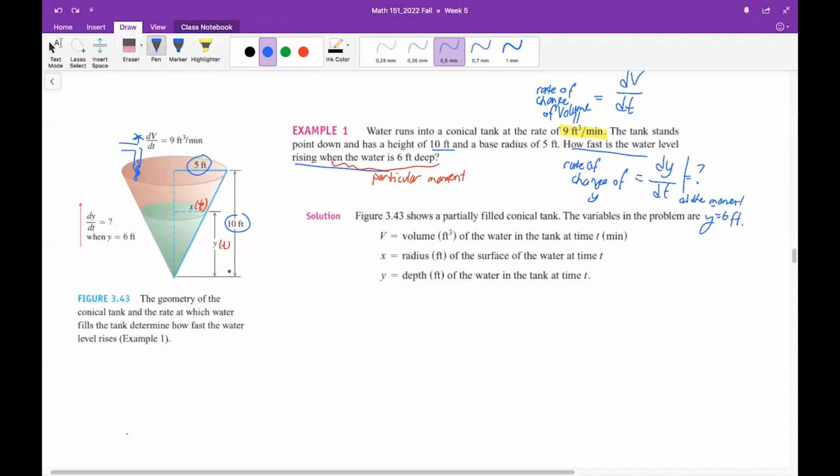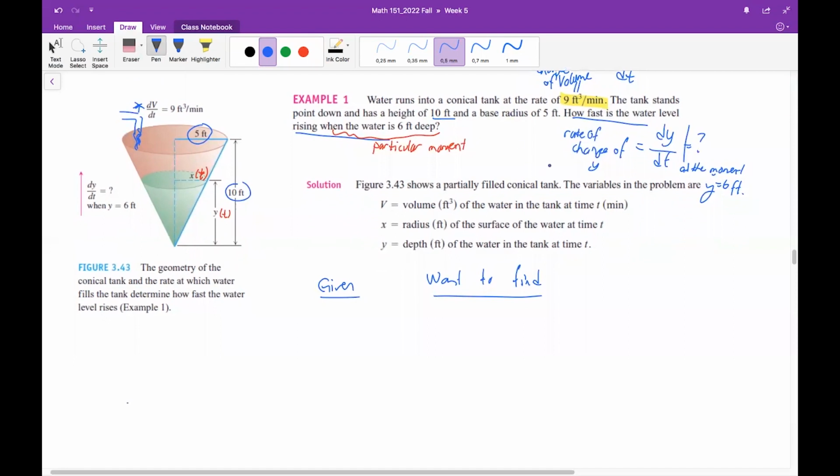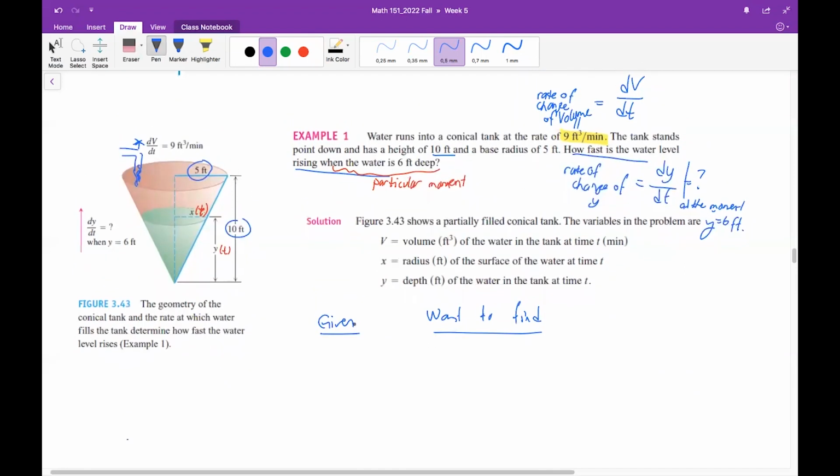Okay, so after analyzing the problem like that, you construct a diagram of what is given and what we want to find. So you can construct such a diagram. This will help you in summarizing the problem. So what is given? We know that dV over dt is given as 9 feet cubed per minute.